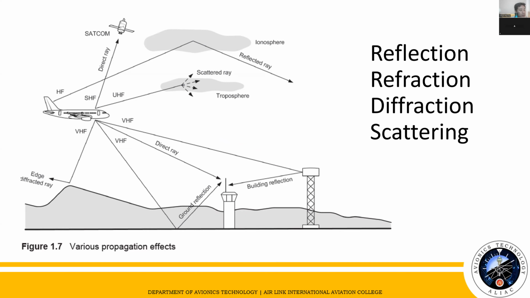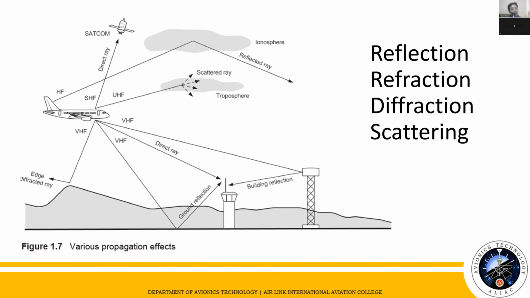It can also be a direct ray, or it can have ground reflection. In such cases, the wave is reflected back with minimal distortion and without any change in velocity. The effect is similar to the reflection of a beam of light when it arrives at a mirrored surface.